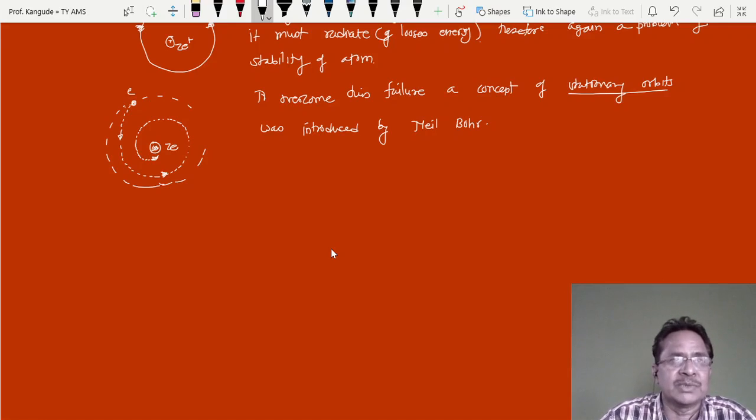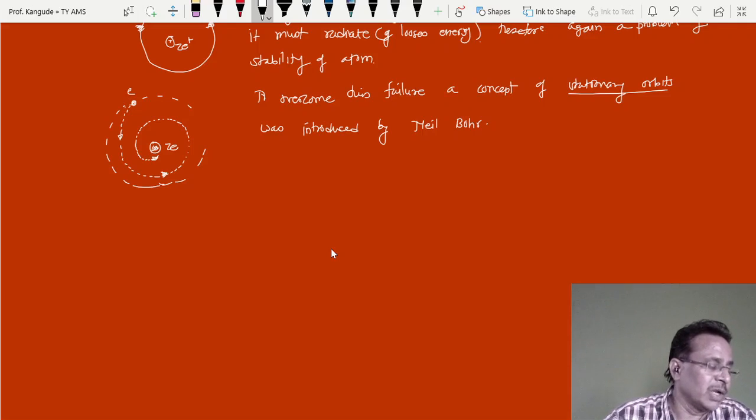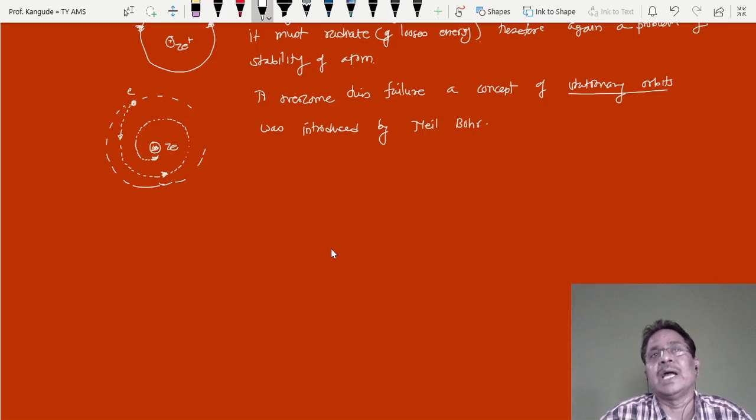It remains in the same state of motion continuously and doesn't lose its energy. The concept of stationary orbit comes from this problem. So this is one of the very important concepts introduced by Bohr. On the basis of the stationary orbit and three more postulates, he could build his whole theory.